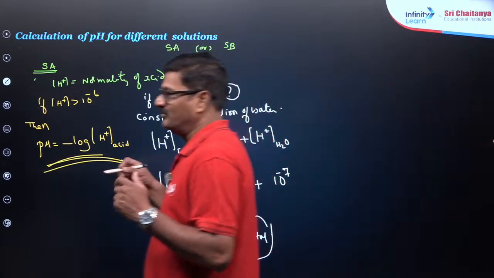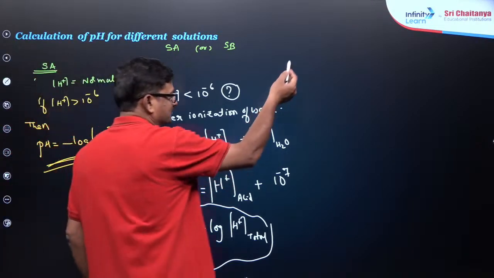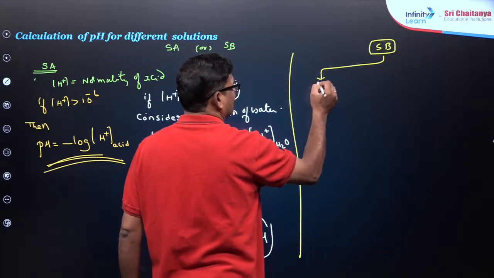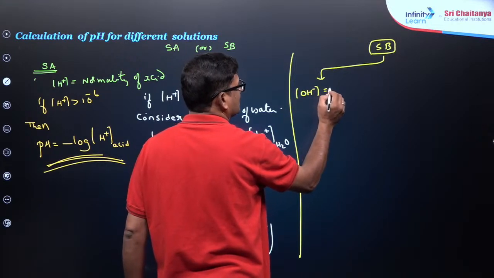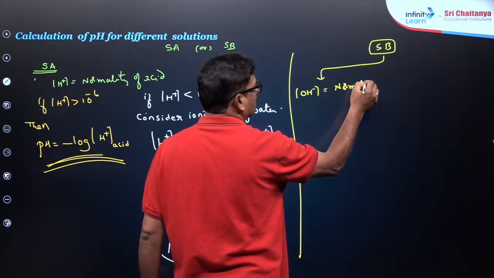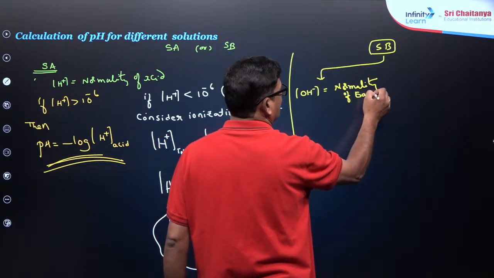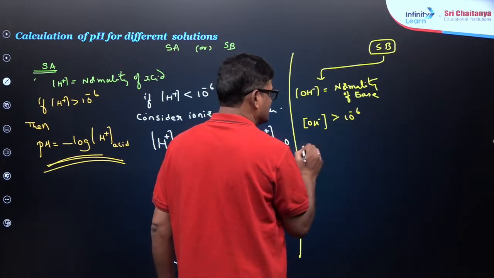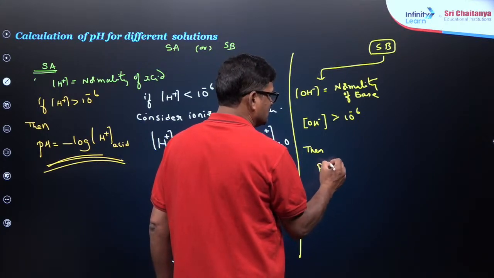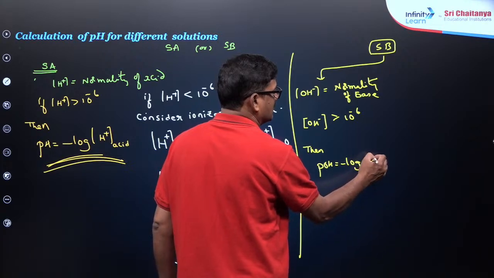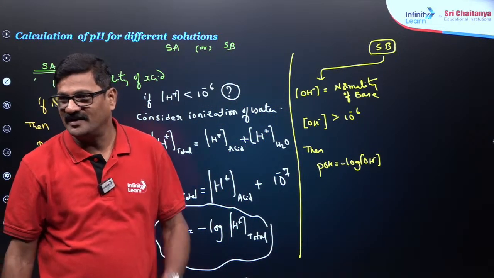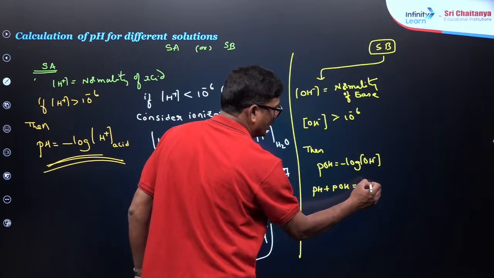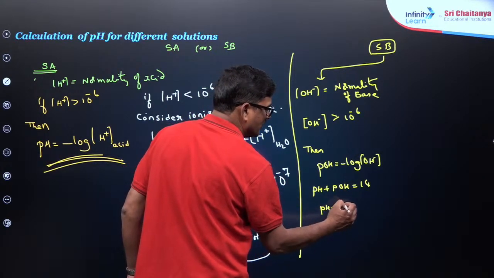Now आप बेस लेना चाहता हूँ, strong base. For a strong base, you can take, if OH minus ion concentration is equal to normality of base, so if OH minus ion concentration is greater than 10 power minus 6, then pOH is equal to negative log OH minus ion concentration लेना पड़ता. ठीक है, क्लियर. ये आपका pH plus pOH is equal to, मान लो, 14. So the pH is equal to 14 minus pOH.